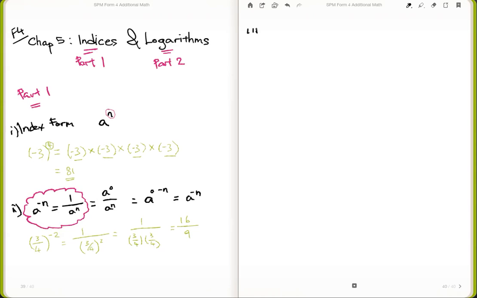Third one, we will deal with fractional indices. What happens when it's a power 1 over n?